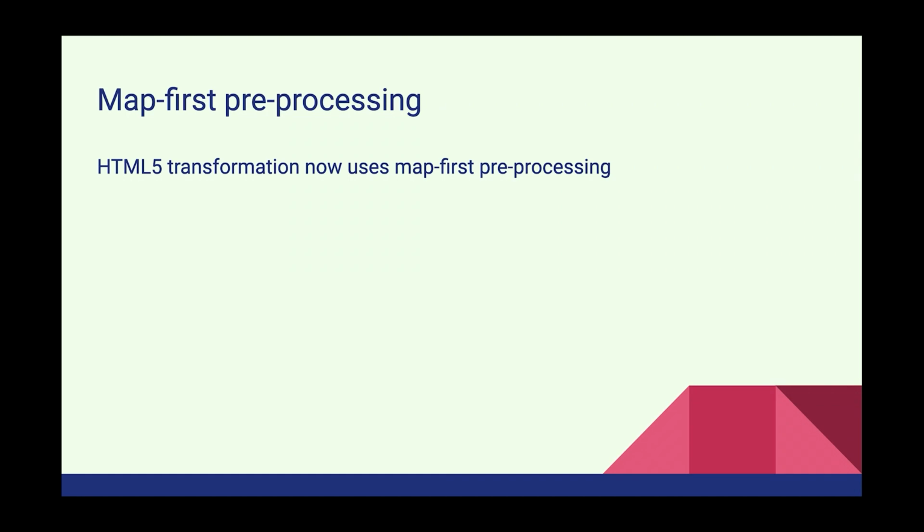So now we're actually adopting this map first pre-processing that we added in OT3 to also be used in HTML5. That means both PDF2 and HTML5 now use map first pre-processing.